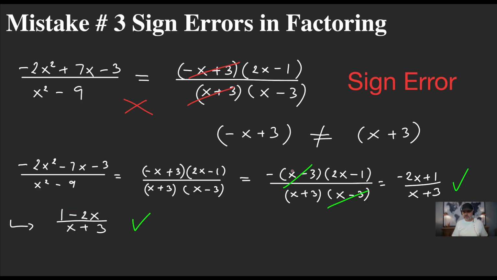So you just change the order in which you add, which doesn't make any difference when you add two numbers. So 1 first, minus 2x. It's a much better statement than negative 2x plus 1, especially when working with rational expressions. So hopefully that makes sense. And the denominator stays the same, of course.